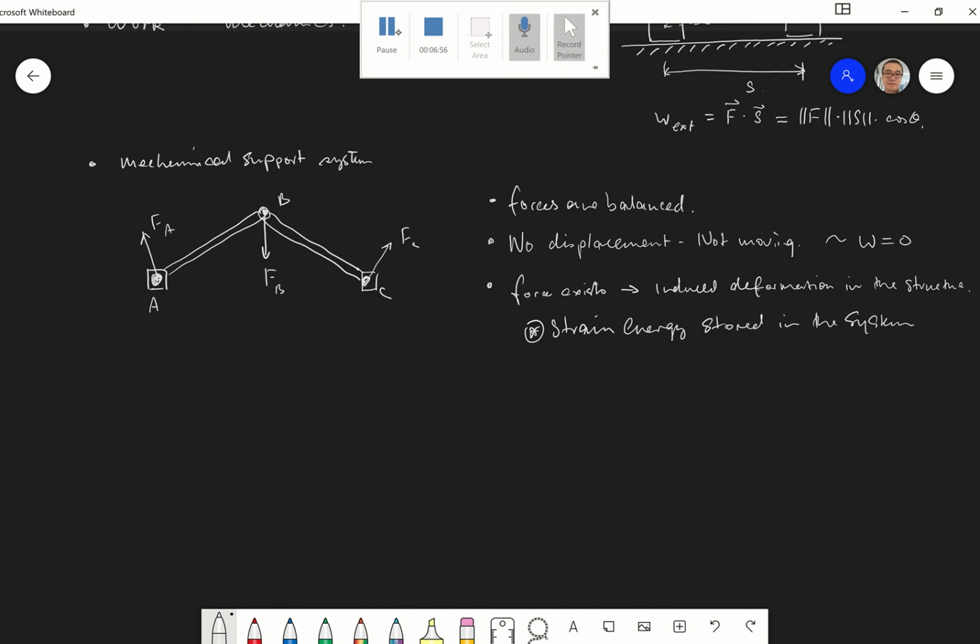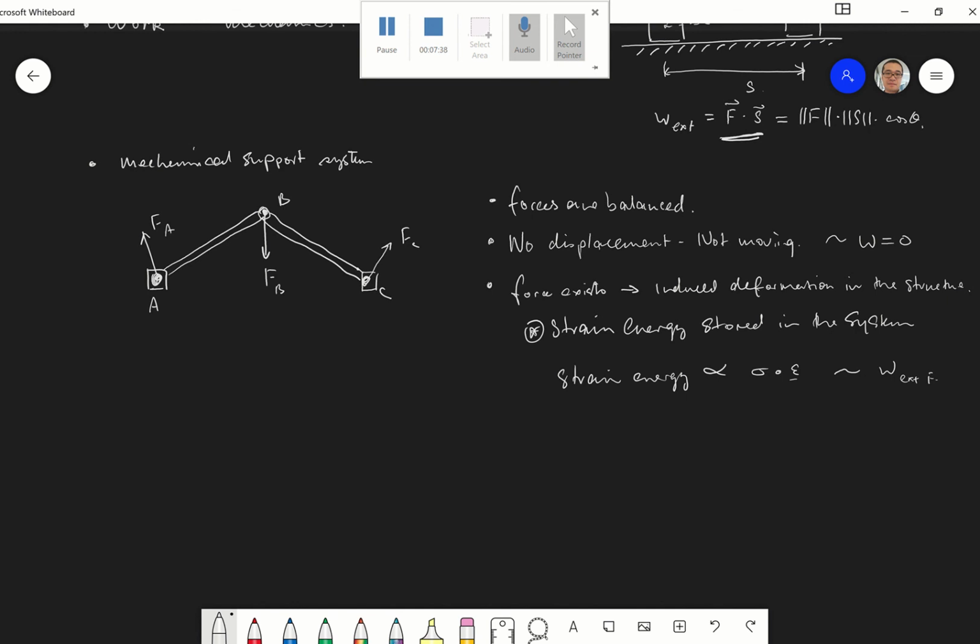We know that the strain energy will be proportional to what? The stress applied on the structure times its deformation, right? So this somehow needs to link to the work done by the external forces. But we can't really use this approach to work out the energy given by the external forces, because the structure is not moving, right?